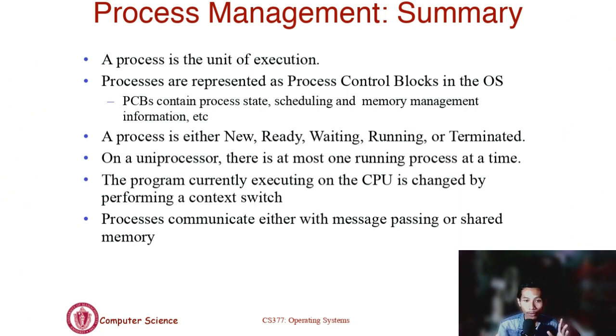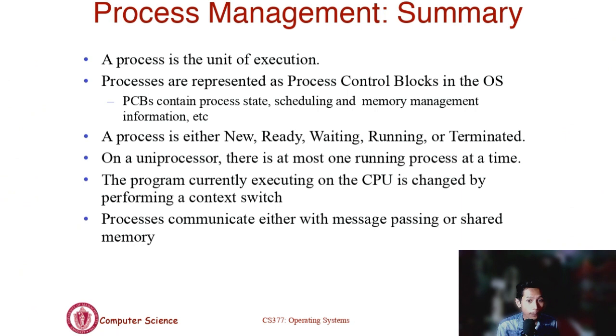For example, on a uniprocessor system, only one process can be running at any given time. The CPU executes processes sequentially, switching between them via context switches. Changing the currently executing process on the CPU involves performing a context switch.